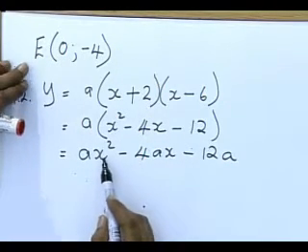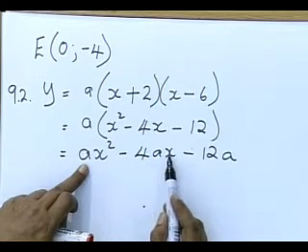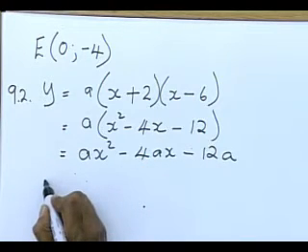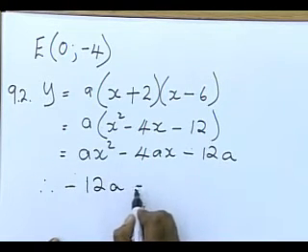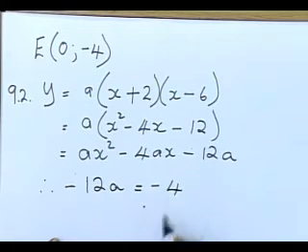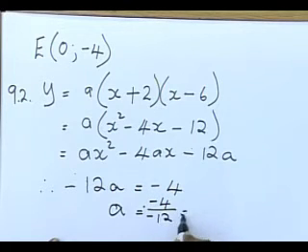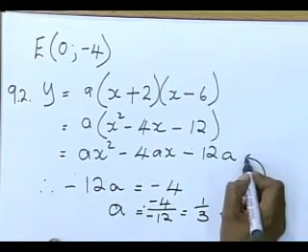So x is 0, 0 times a is 0, 0 times 4a is another 0, so minus 12a will be equal to minus 4. And a must be equal to minus 4 divided by minus 12, which gives me 1/3.